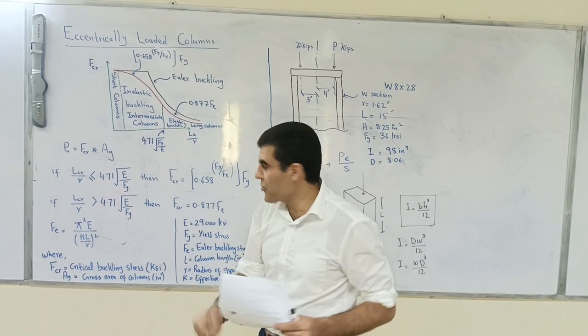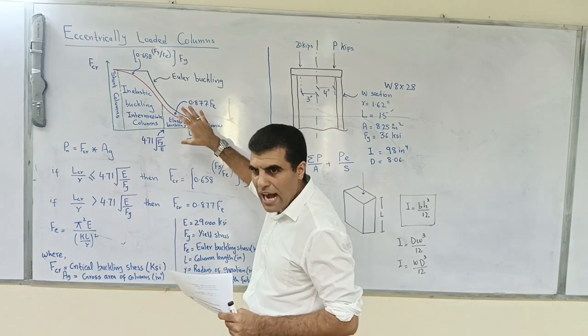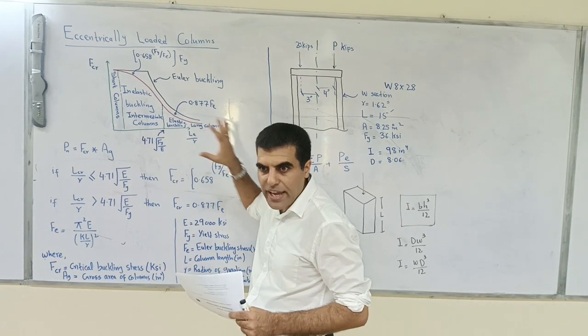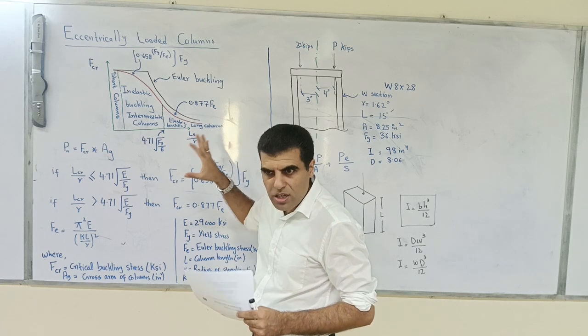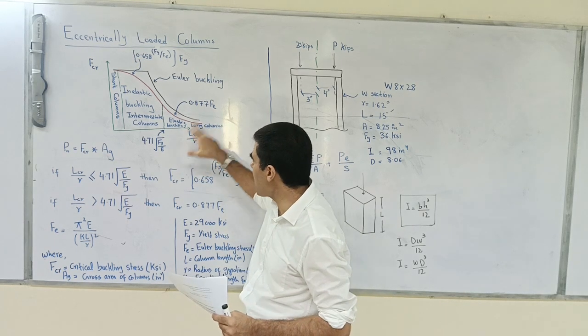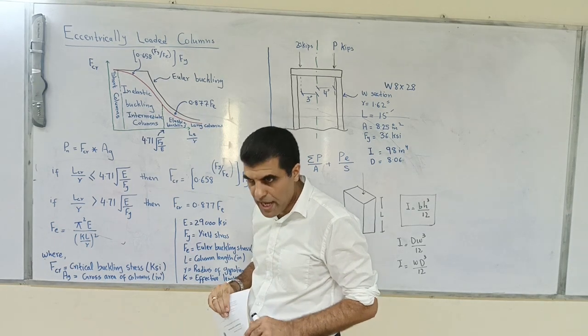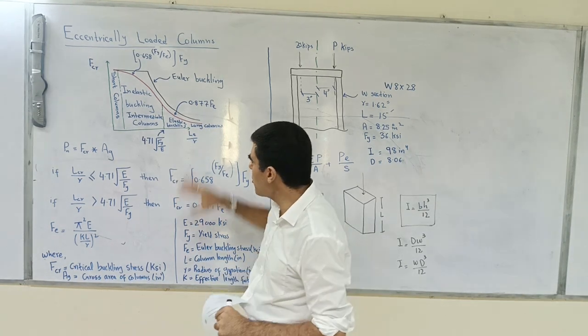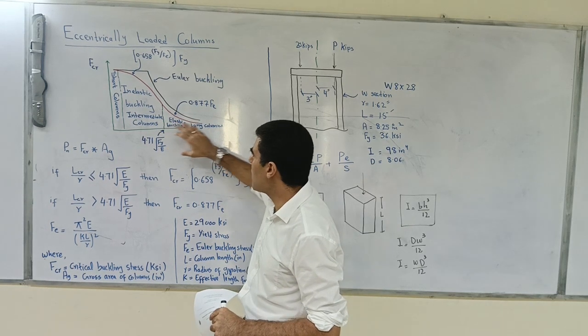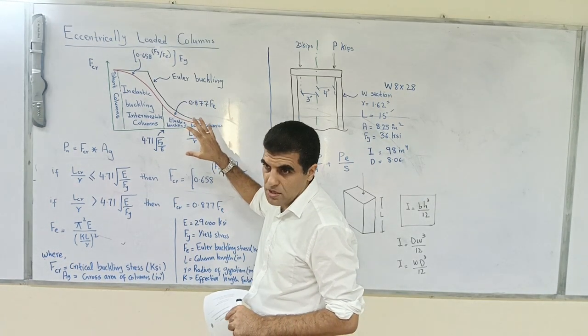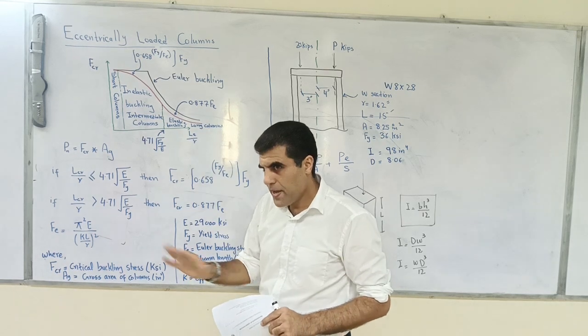You did in your MOS II 1 how to work out the critical stress in a column which is long, and that is by using the famous Euler buckling equation. The Euler buckling equation is used to find out the stresses in the column, for a long column.